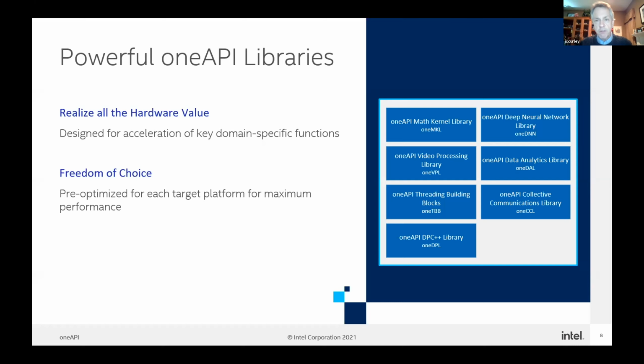And I was really thrilled to see recently a blog from Fujitsu, who has actually already taken the beta oneDNN specification back in November, made it available, ported it to A64FX on the Fugaku system, and has made it available to their users, and really proving the concept of openness and the idea of being able to have a common CPU interface that is used for an Intel CPU, but also can be calling the optimized ARM libraries underneath it.